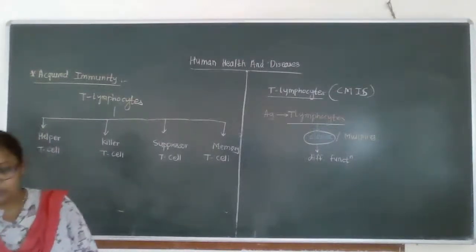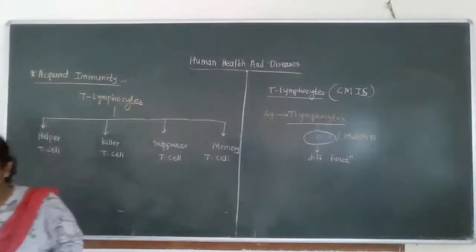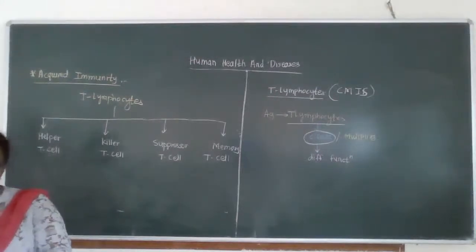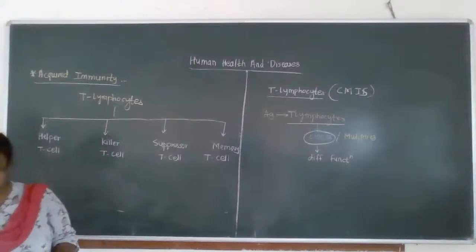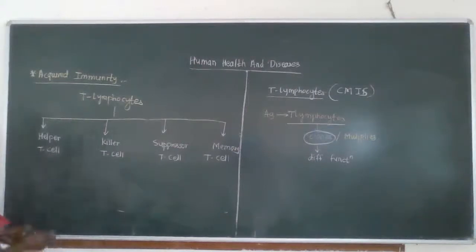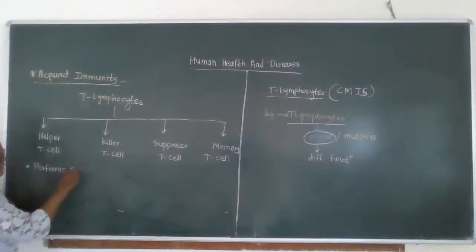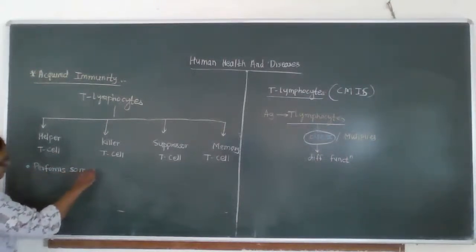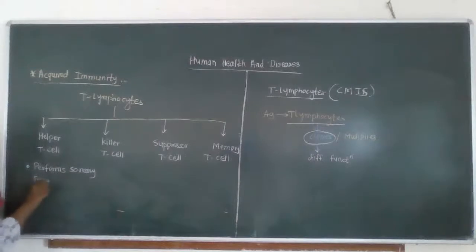Okay, now related with the helper T cells. Helper T cells perform so many functions, especially the first function performed by the helper. As the name says, helper T cells perform many functions.